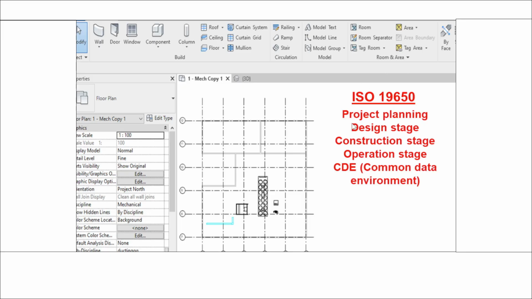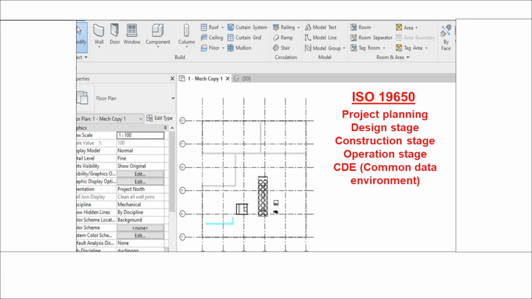It includes project planning, design stage, construction stage, operation stage. It also introduces something called common data environment, also known as CDE. This is a central place where all project files are stored and shared.